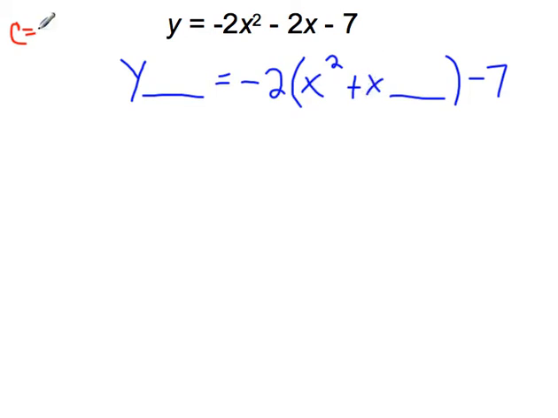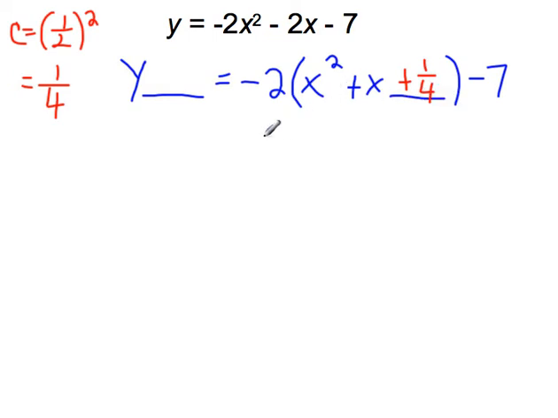Okay, so this is going to be 1 over 2 squared, okay? 1 over 2 squared, if I square 1, I get 1. If I square 2, I get 4. So I'm going to put plus 1/4 in the parentheses, okay?